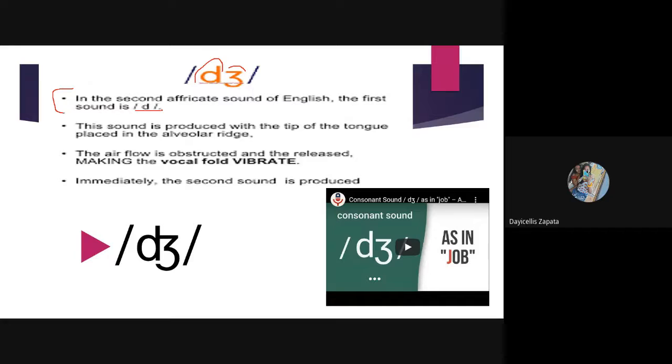The airflow is obstructed and then released, making the vocal folds vibrate.